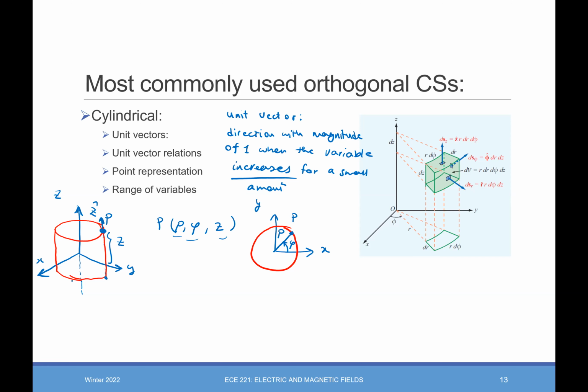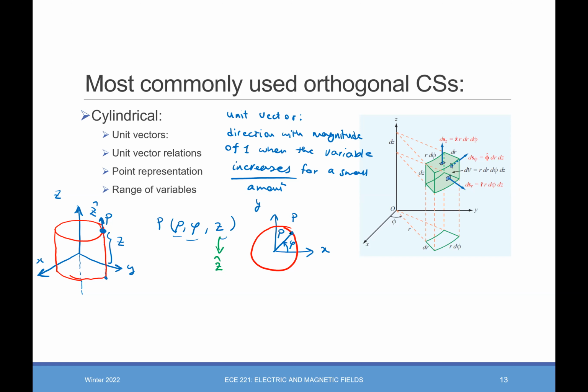The same thing for x hat and y hat. Those are easy because x hat, y hat, z hat at each point in the coordinate system always increase in the same direction. So they're constant vectors. But let's look at it here. For example, the unit vector of z is going to be z hat.